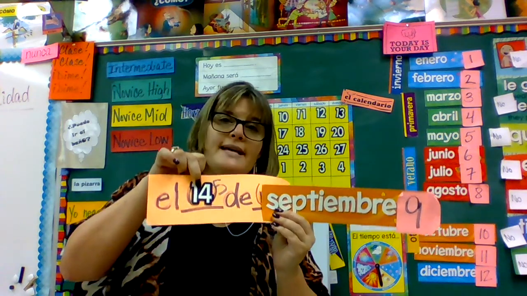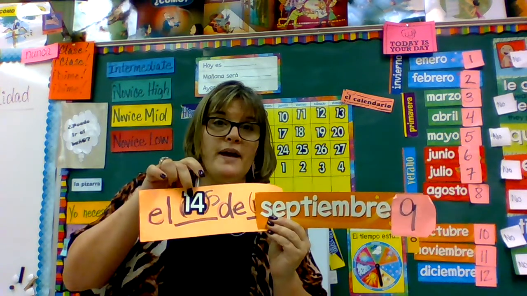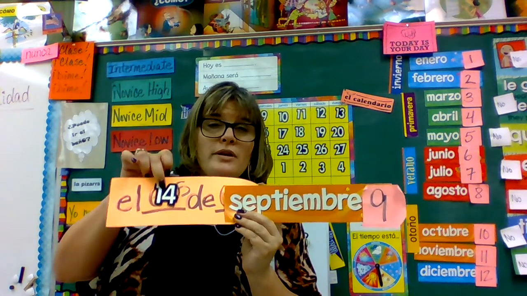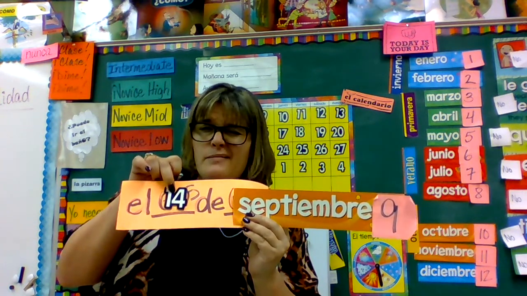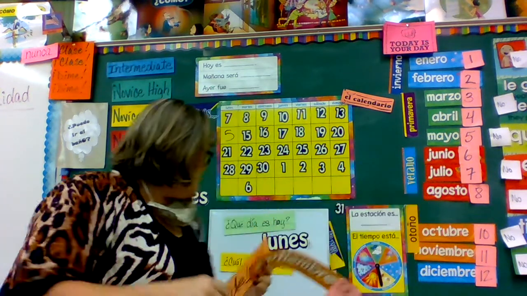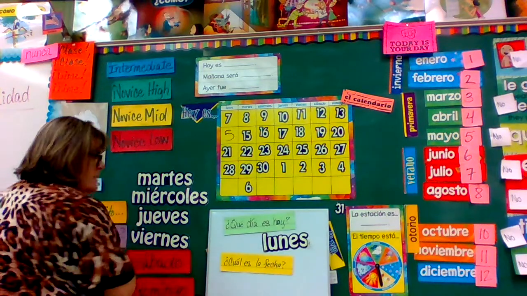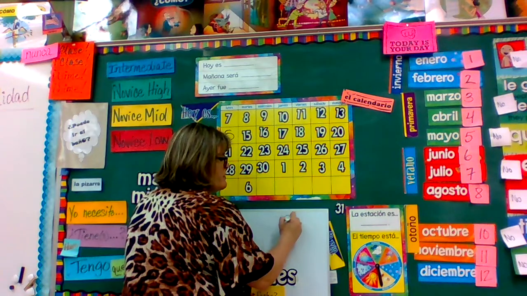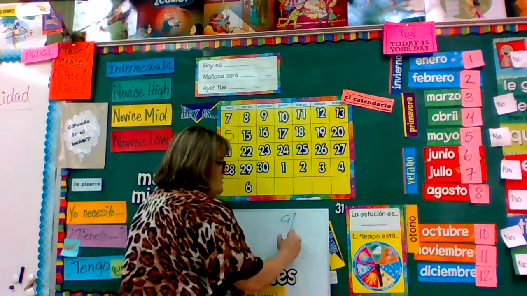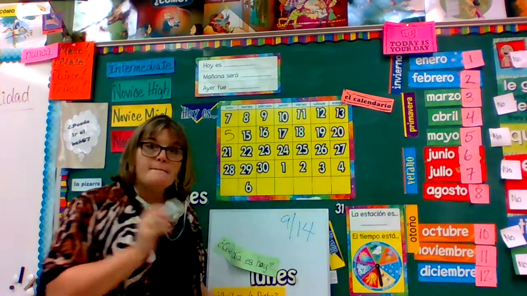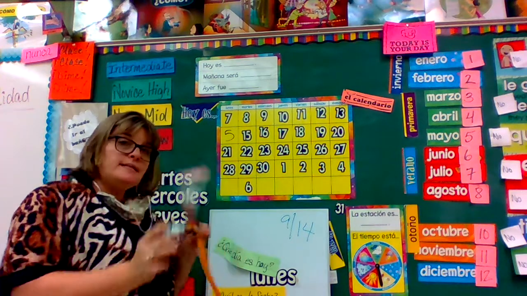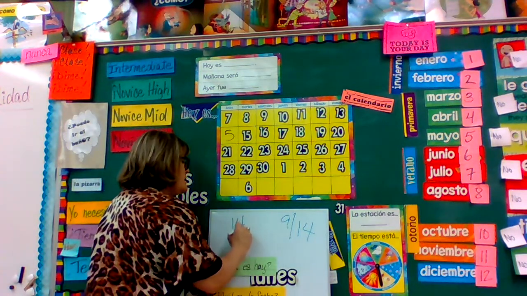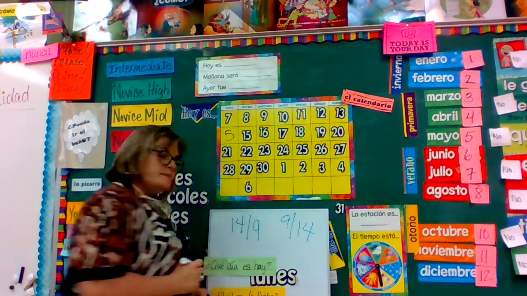Okay. In the same manner, if you'll look at the numbers, we have the number 14 here, we have the number 9 over here. So we're going to write the date. It's going to seem like we're writing it backwards, but in America, we would say that today's date would be September, which we'd write 9/14. Okay. However, in the Latino world, in the Hispanic world, we're going to say it's the 14th of September.